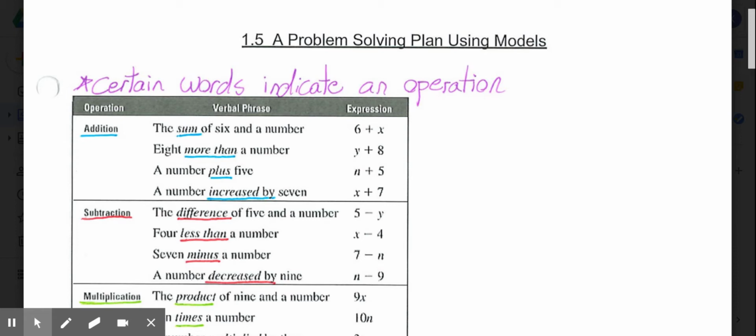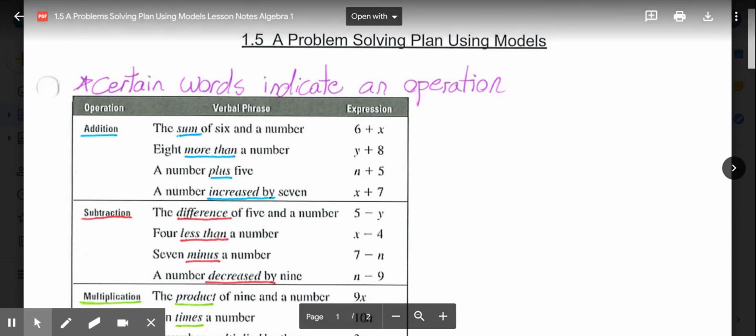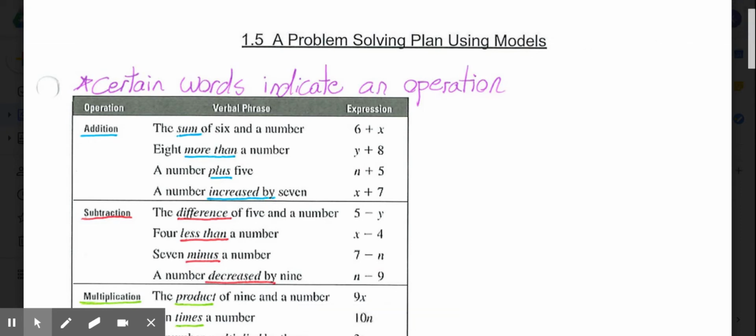In order to create verbal models, we first have to understand vocabulary related to our operations and expressions or equations. So the first box here is making sure that you understand certain words in mathematics indicate an operation.